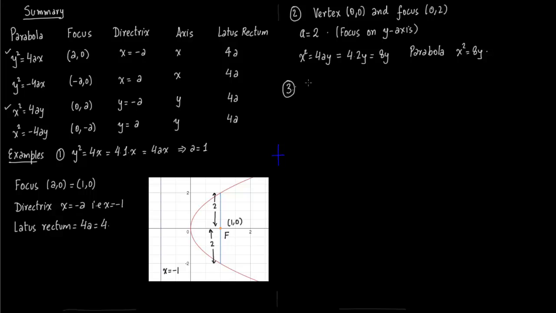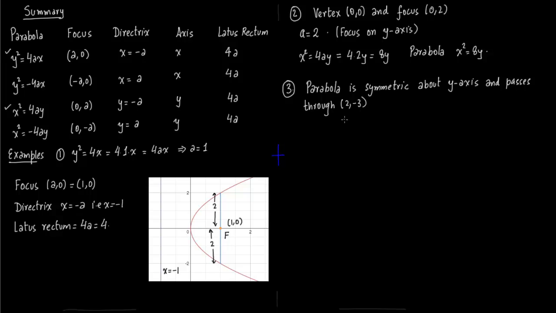Now we talk about another example. Say a parabola is symmetric about the y-axis. So since it is symmetric about the y-axis, we look in the axis column, and we know that the parabolas in row 3 and row 4 are the only ones which are important here.